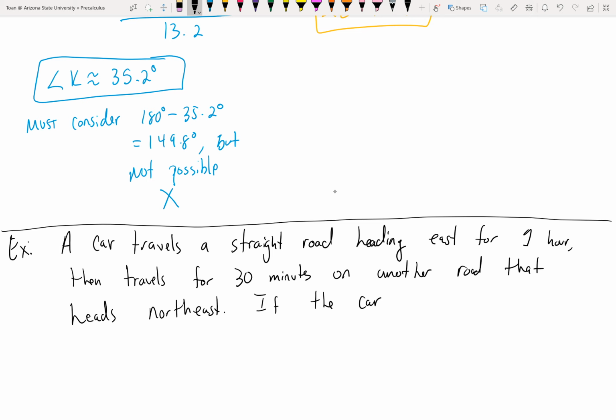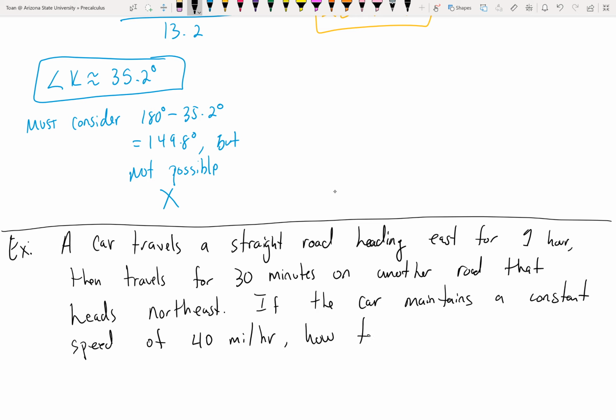If the car maintains a constant speed of 40 miles per hour, how far from its starting point is the car?